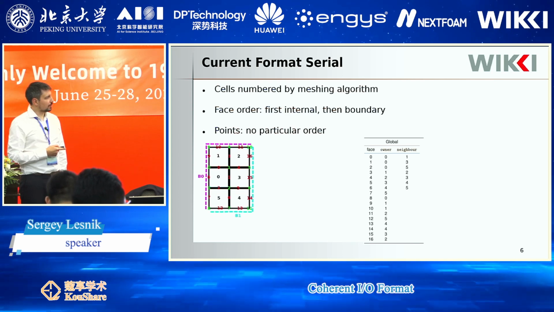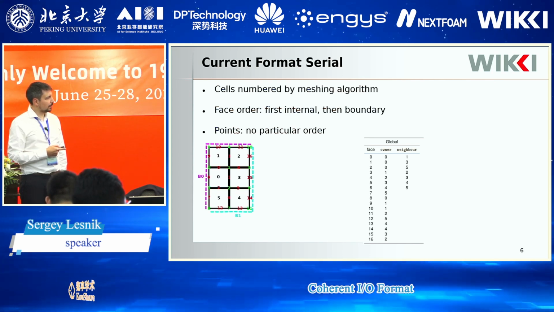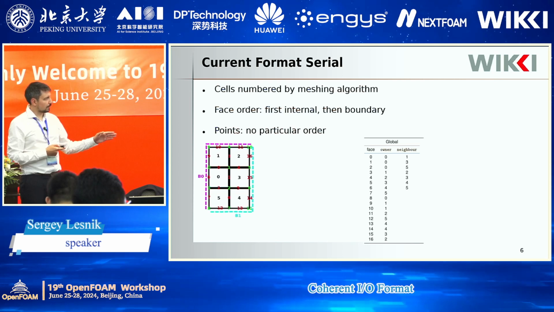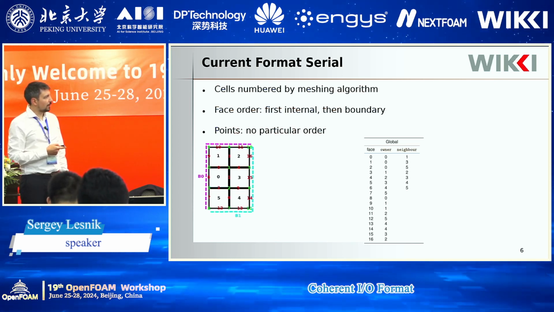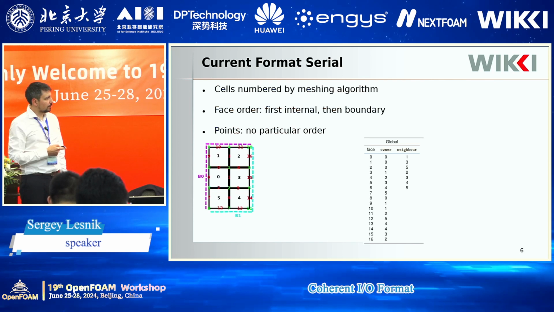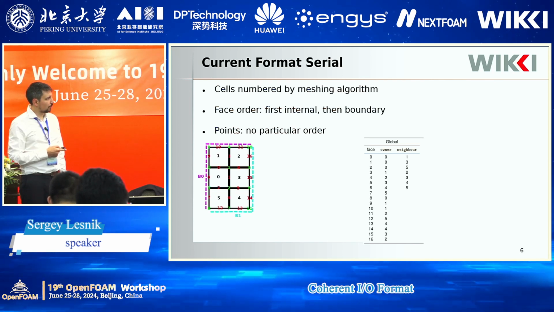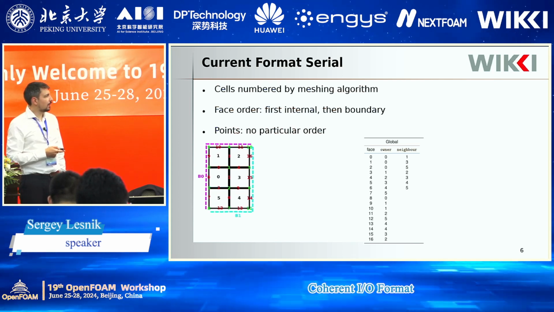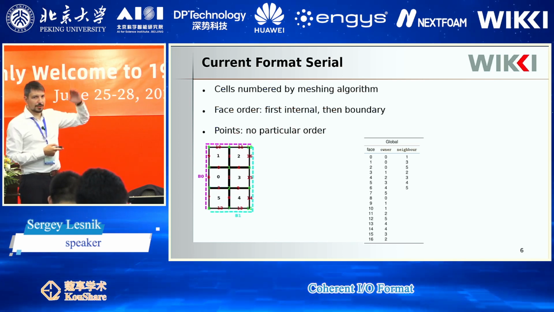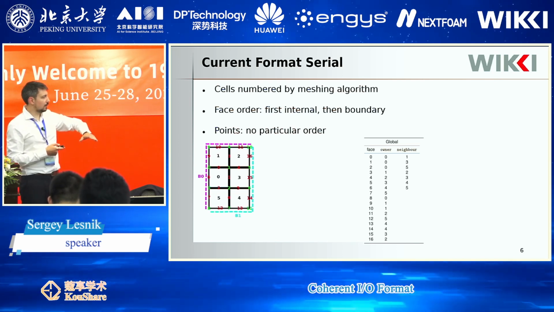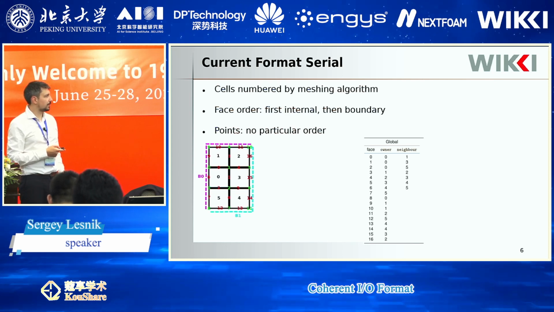First the internal faces are numbered, then the boundary faces. So it's 0, 1, 2, 3, 4, 5, and then the boundary faces come just at the end after the internal faces.